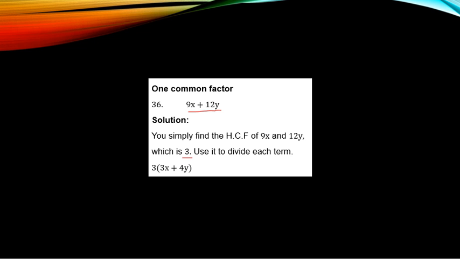What you do is that you use the HCF. After bringing it outside, you use it to divide the two terms 9s plus 12y. In doing that, you have to introduce a bracket, so you have 3 bracket open. If you divide 9s by 3, you have 3s. If you divide 12y by 3, you have 4y. What you have done now is factorization.